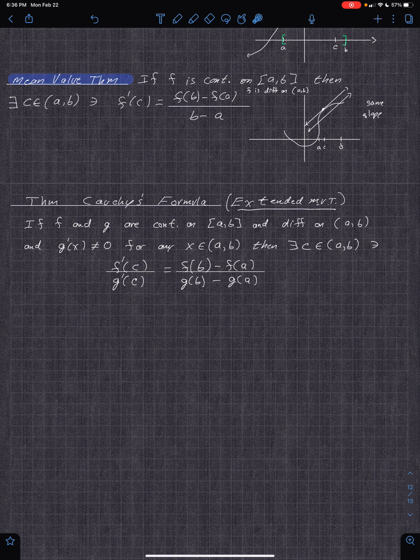I mean, it looks very similar, but now you have this ratio instead of just one. So you're subtracting the endpoints of both functions and you get the same result.